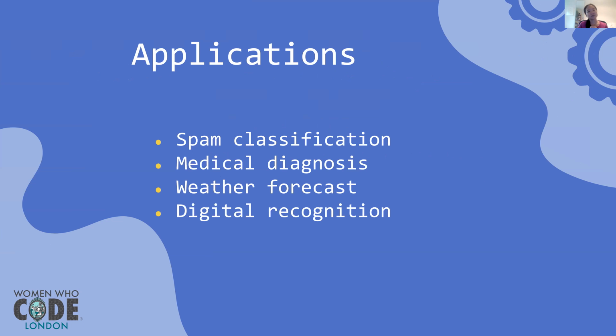So, Bayesian classification. What does it do? Bayesian, Bayes rule, Bayes theorem, they are all similar things. It talks about probability. It can do spam classification, which means I have an email, and in this email I have a bunch of features.